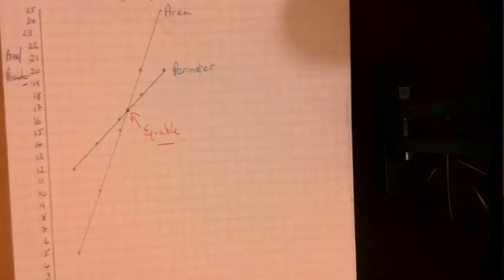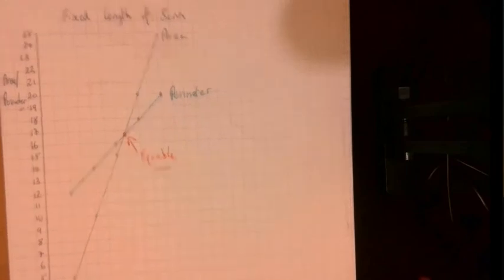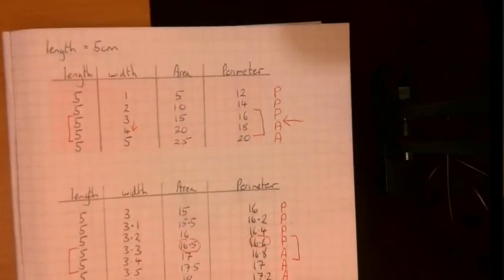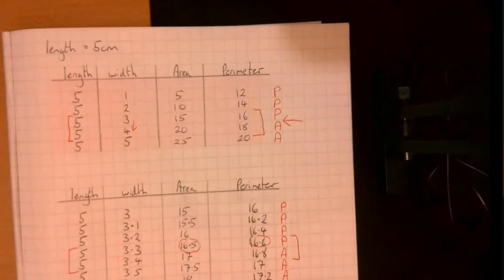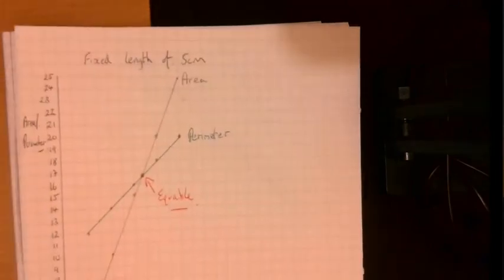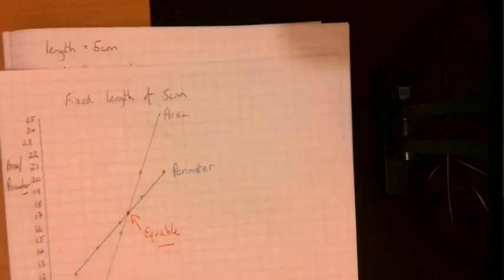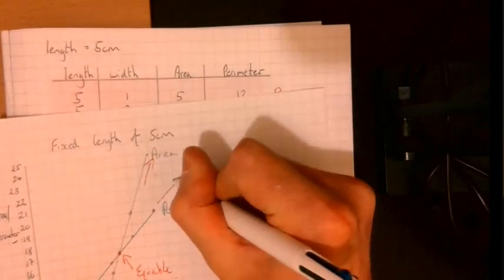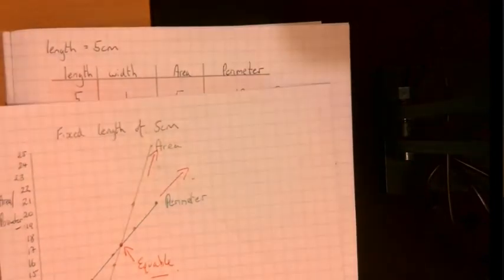So remember, I'm expecting you to be carrying on after you've done your table for 5 and 6 and 7, but there's nothing stopping you doing a few more. 8, 9, 10 would be sensible. You don't have to carry on indefinitely. But then for some of them, not necessarily all of them, draw me a graph to show me that these two lines are hopefully going in different directions.